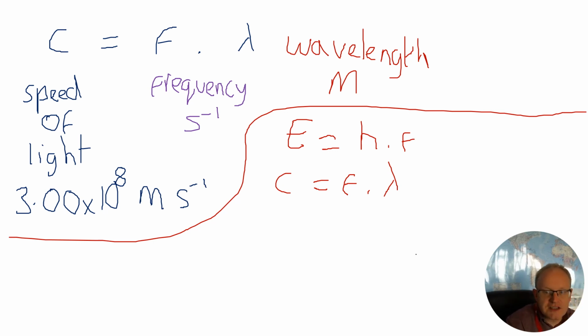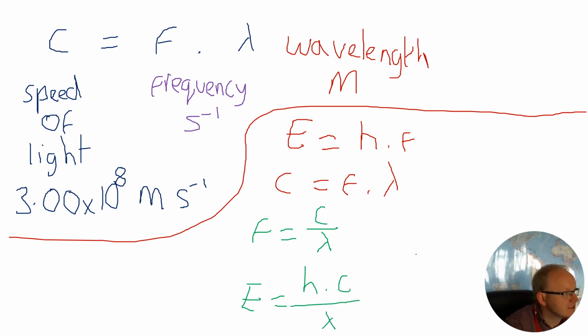If F equals C over lambda, if I just rearrange it, we could then write that E equals H times C over lambda, so we can combine them together. And what that means is we can convert straight from wavelength into energy, or straight from energy into wavelength. So these are the formulae that we're going to need to use to solve problems, but we need to make sure that we're using the correct units when we use them as well.